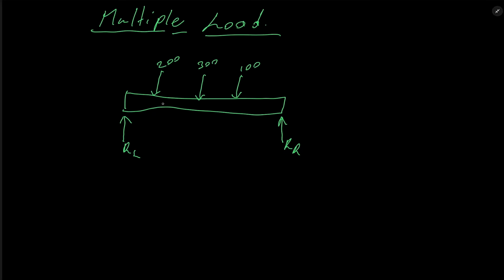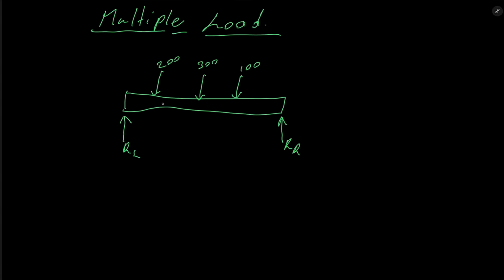Now I'm going to be doing the calculations for the reaction. If you have watched any of my other videos, you'll know how we use a polar polygon to create shear force diagrams and bending moment diagrams using a funicular link polygon.